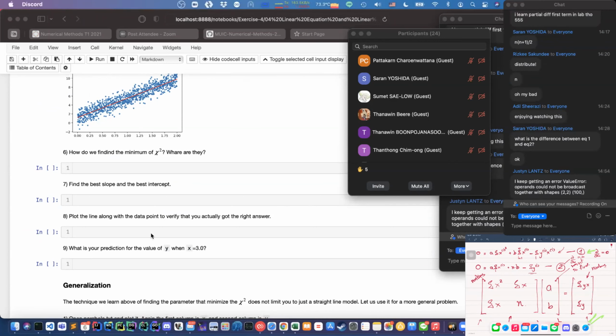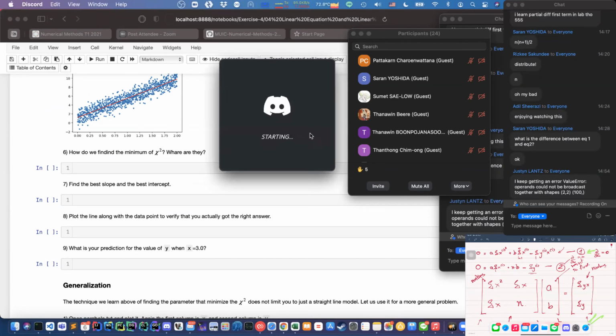Let me get the Discord open. A lot of people say that it's the same as my code. Two seconds.